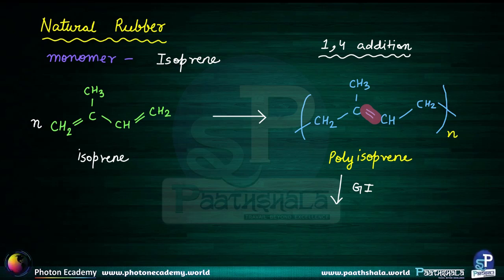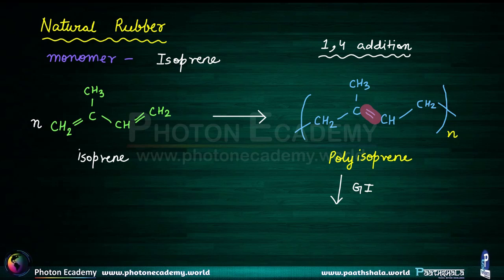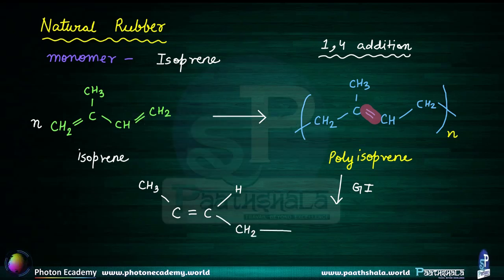So if we look at this particular polyisoprene, this is actually the cis form of polyisoprene, called natural rubber. The cis form will be C double bond C, and in cis we know that the groups will look something of this sort. So CH3 followed by CH2 open at one end, followed again by CH2 open at the other end.